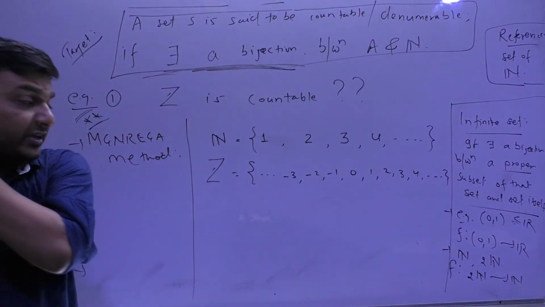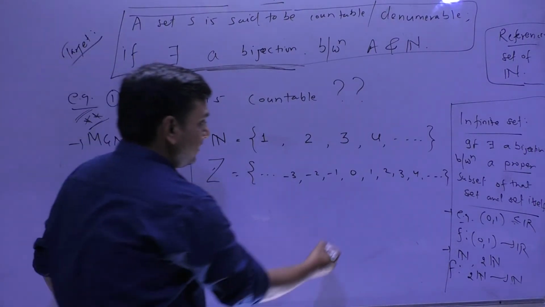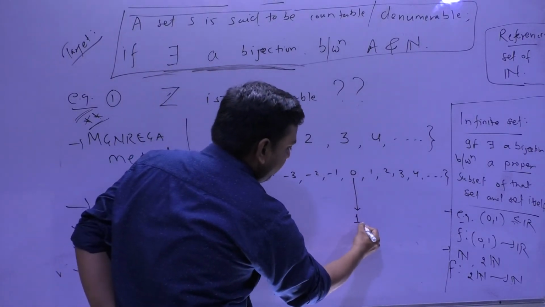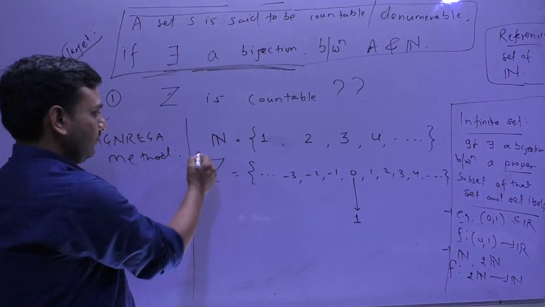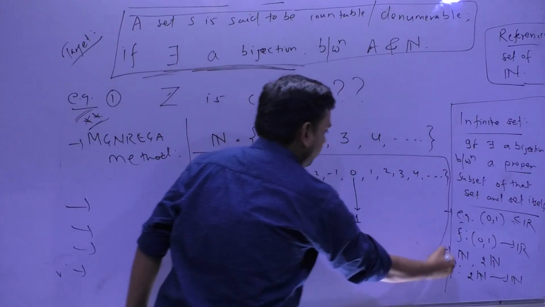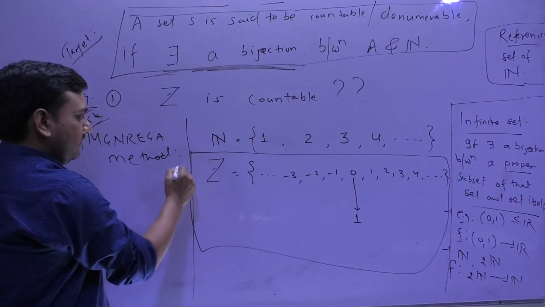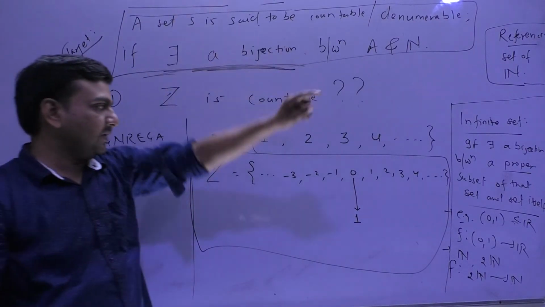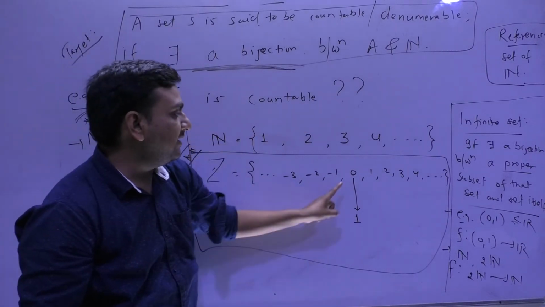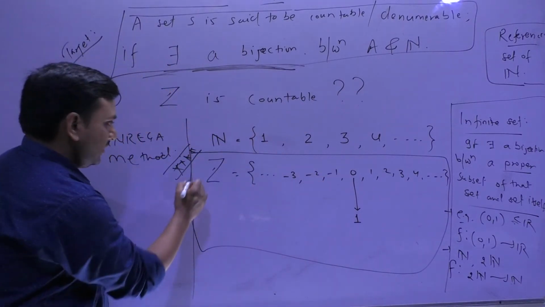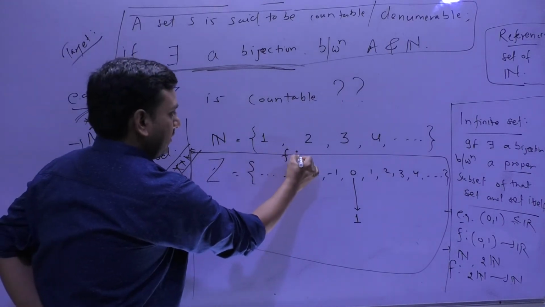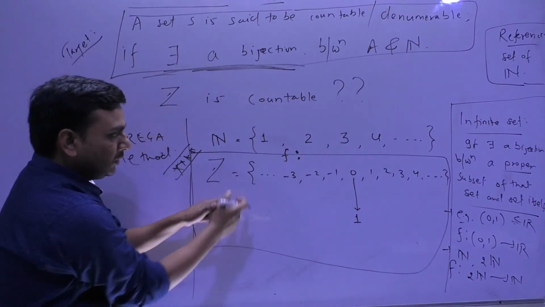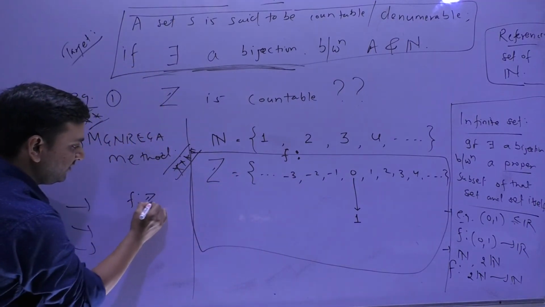Now let's say I map 0 to the element 1. Mark star over here. A very beautiful concept. I take a map F from Z to N.